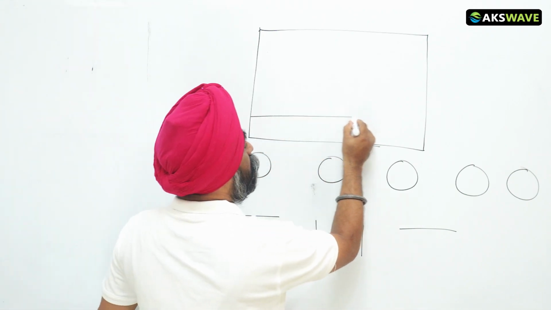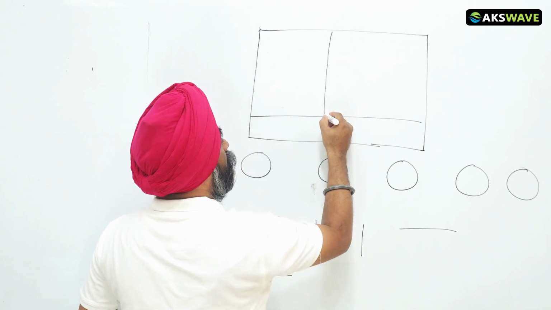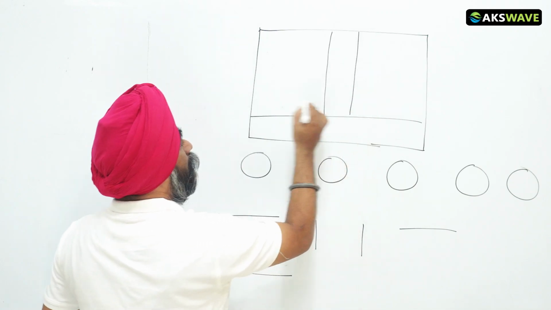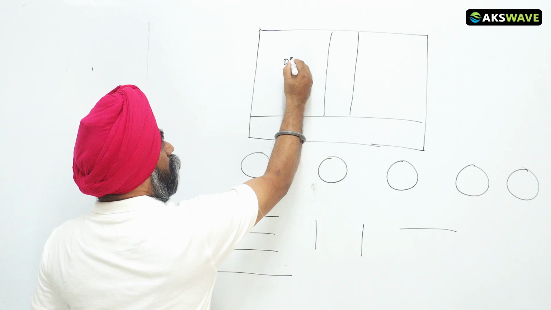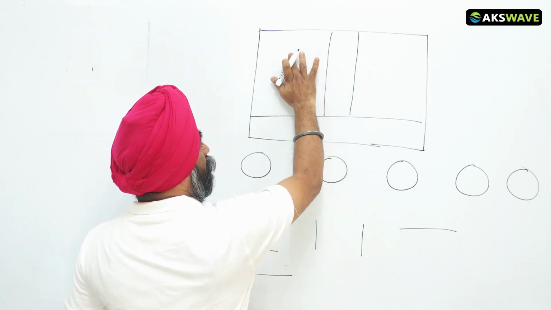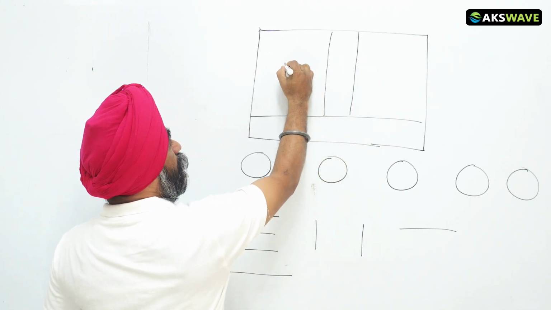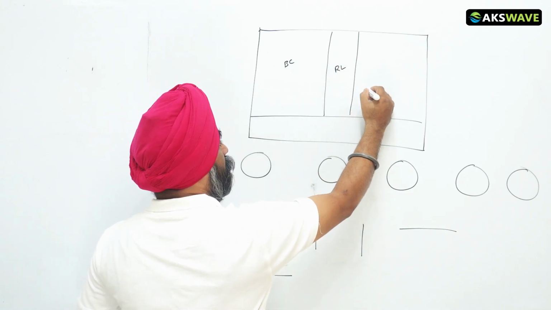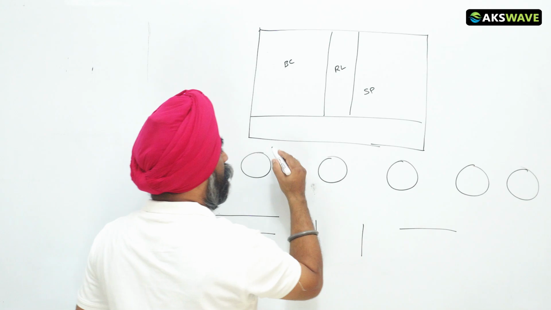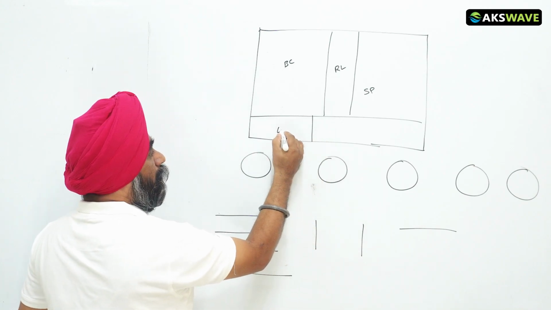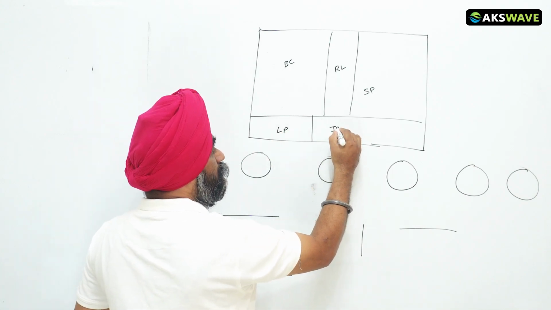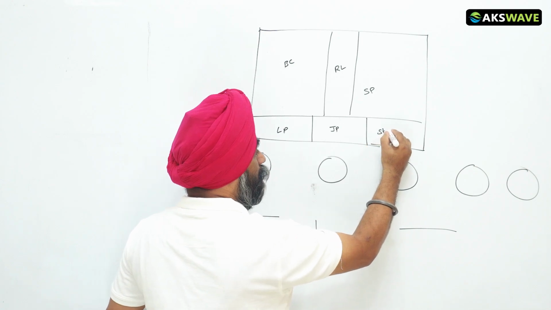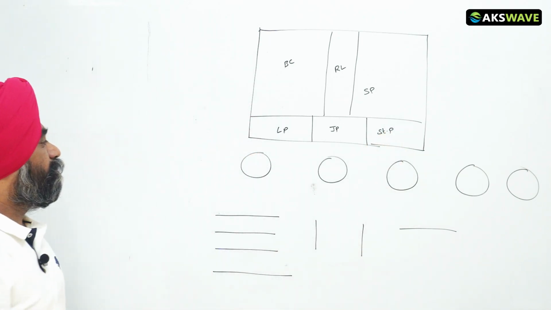SGA is divided into multiple components: DB buffer cache, or let me simply write buffer cache, redo log buffer, shared pool, large pool, Java pool, and a streams pool.